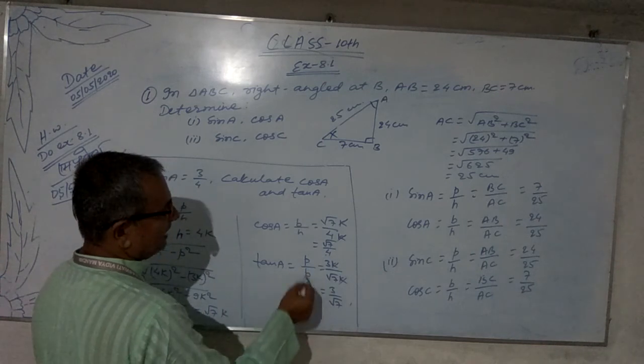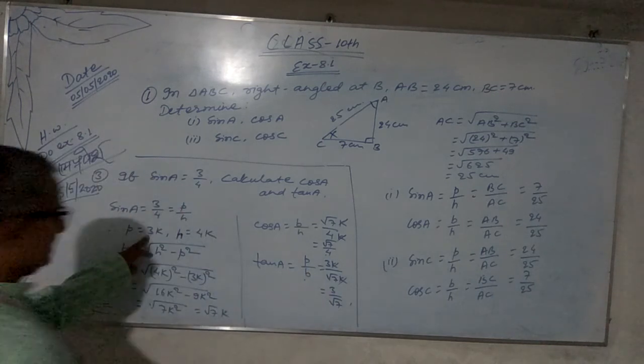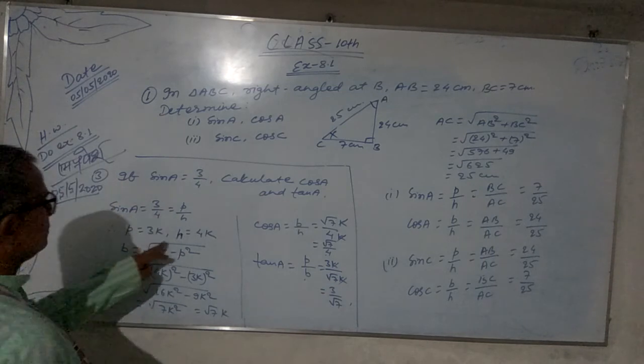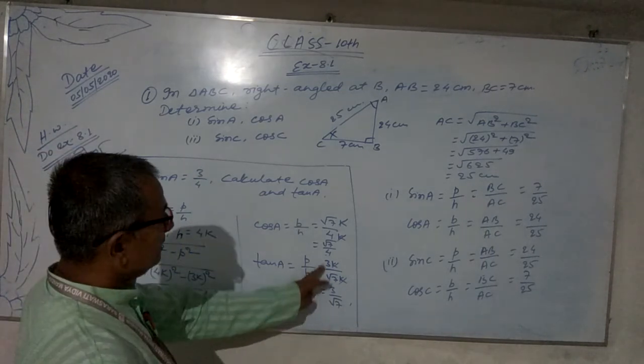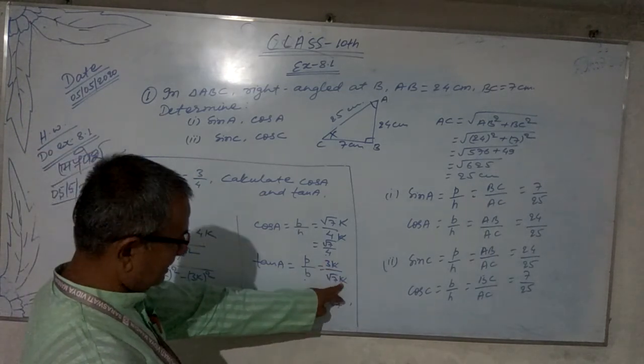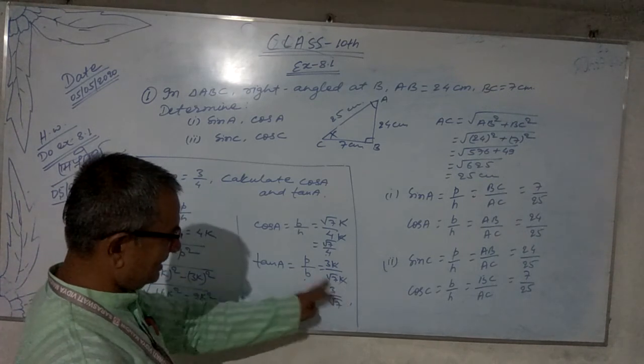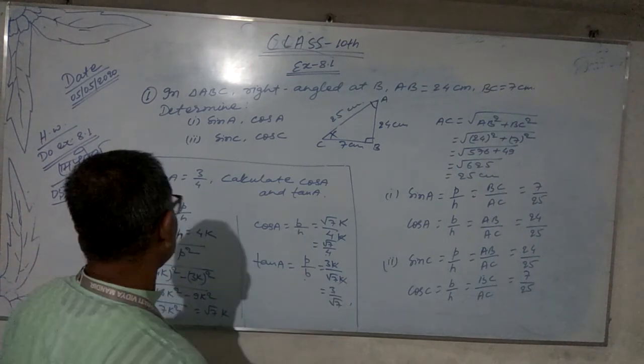Tan A is P by B, P 3K by root 7K, this K will be cancelled by this K, 3 by root 7.